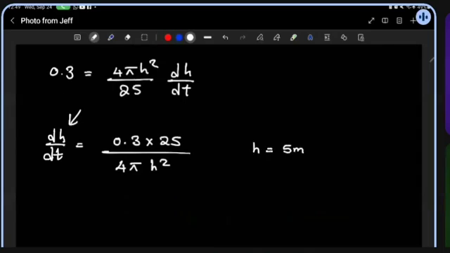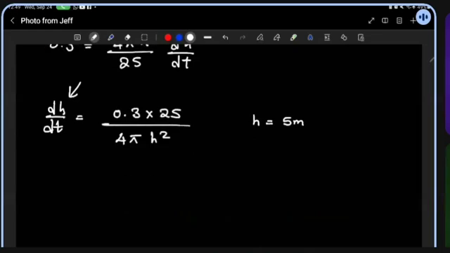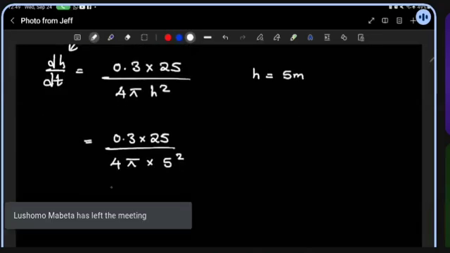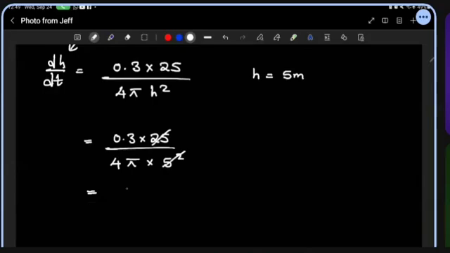So when h is equal to 5 meters, what will this be? So we'll have 0.3 times 25 over 4 pi multiplying the height squared. The height squared will be 5 squared. 5 squared is 25. So this and this will cancel, leaving us with 0.3 divided by 4 pi.